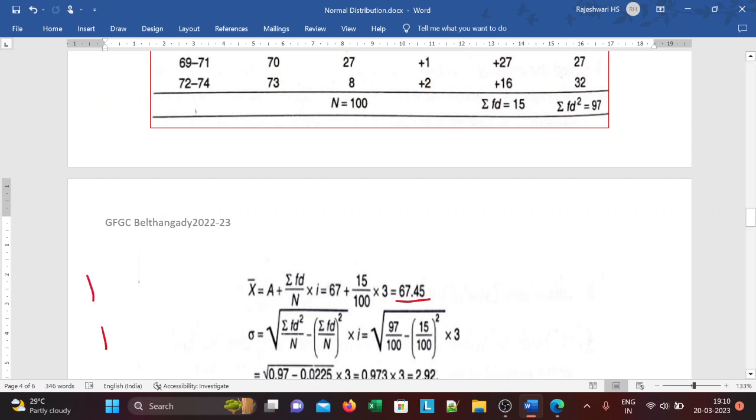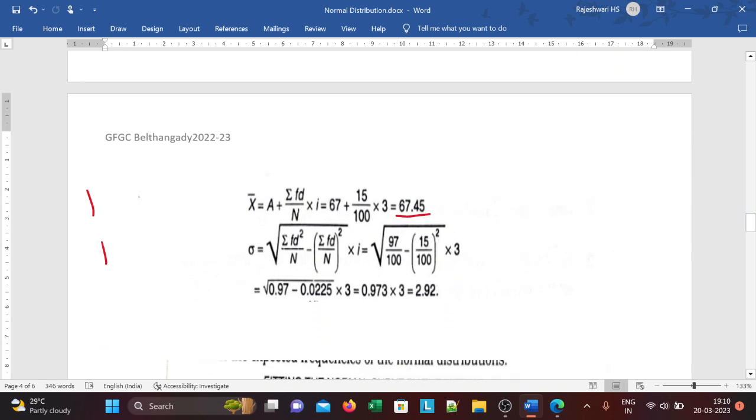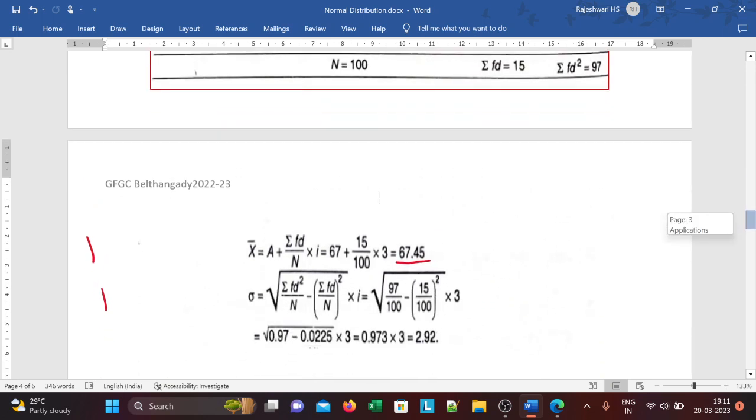The standard deviation formula is, of course, square root of summation fd square divided by n, minus summation fd divided by n whole square, into class interval. So just apply the values. Everything is in the table, we just copied here. Summation fd square is 97.